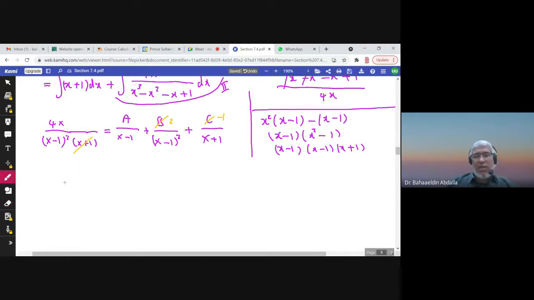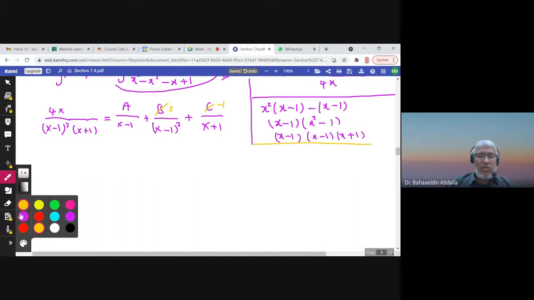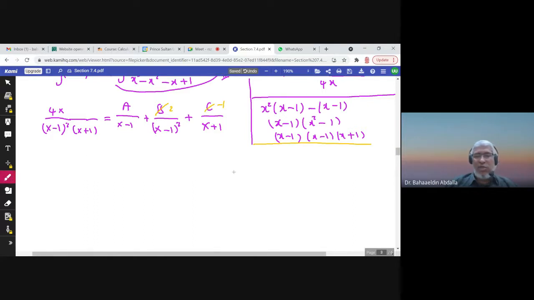Well, putting the zeros here is not helpful. So let me first multiply by the LCD and get rid of the denominators. When I multiply by the LCD, notice the LCD here is always the original denominator. The LCD is x minus 1 squared times x plus 1.